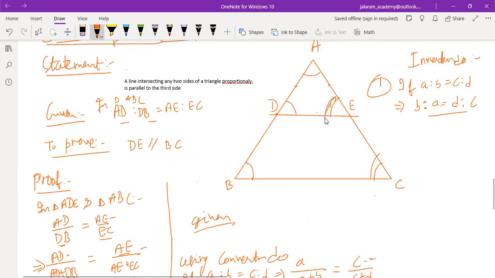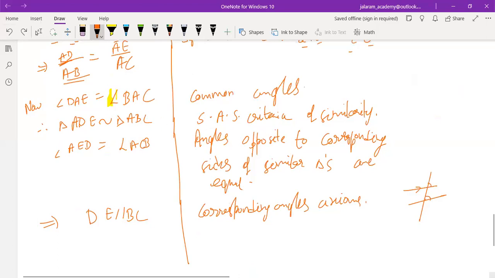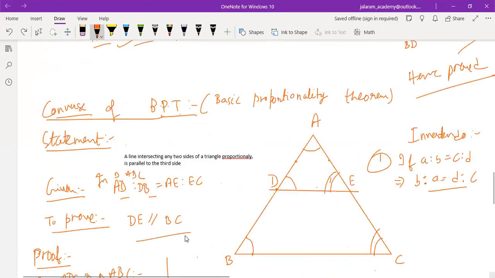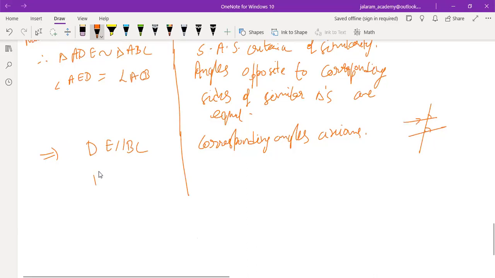These two angles are equal, this is the transversal, and so DE is parallel to BC. Is that clear to everyone? This is what we have to prove in this question. So the last line we write, hence proved.